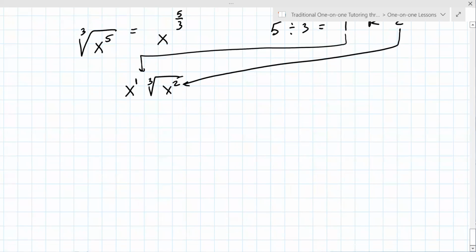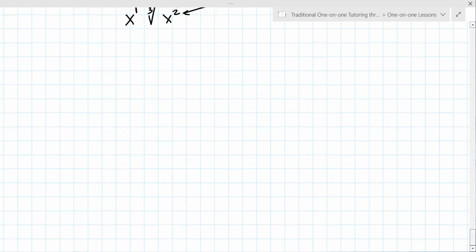Let's try another one here. See if we can get you to see if this is better. So let's say, and I'm going to change it up a little. Let's say it's the fourth root of 16 x to the 9th. Actually, your instructor might not do that. Let's go 7. Okay.